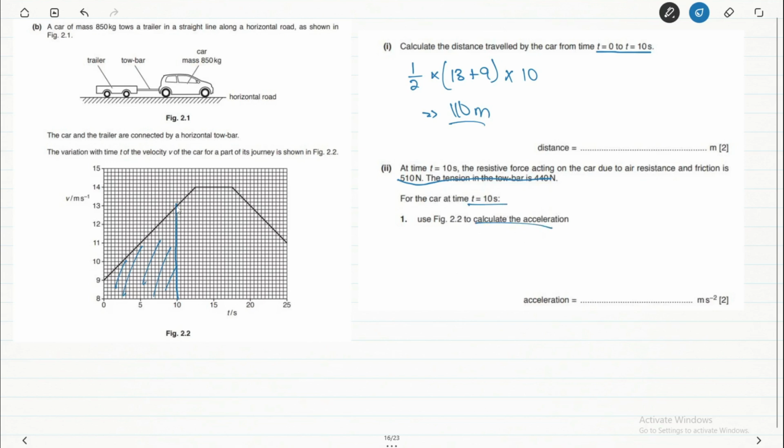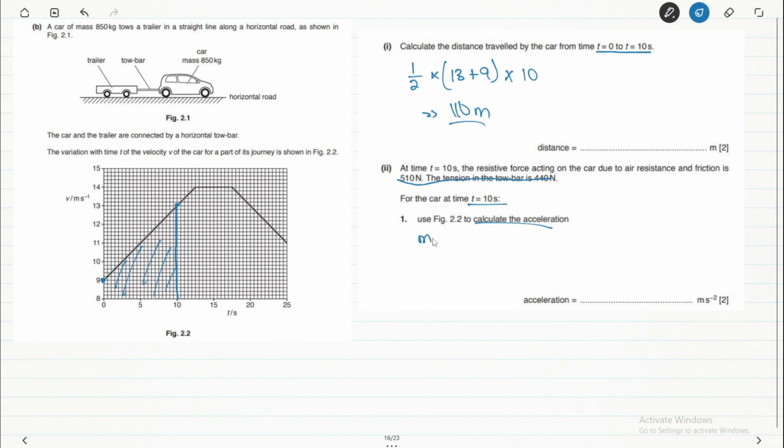Now, the acceleration of this would be, because this is just a constant line, we can take the acceleration from any 2 points, right? Let's just take these as our 2 points.